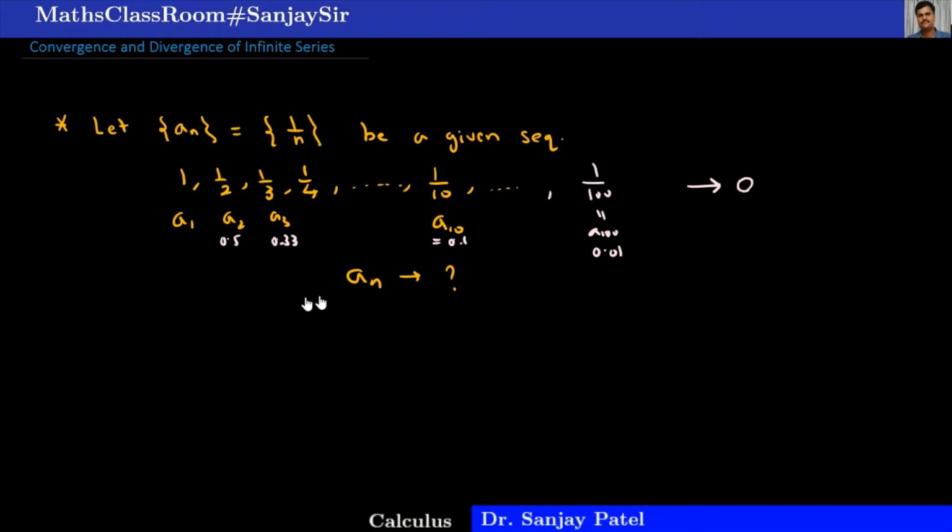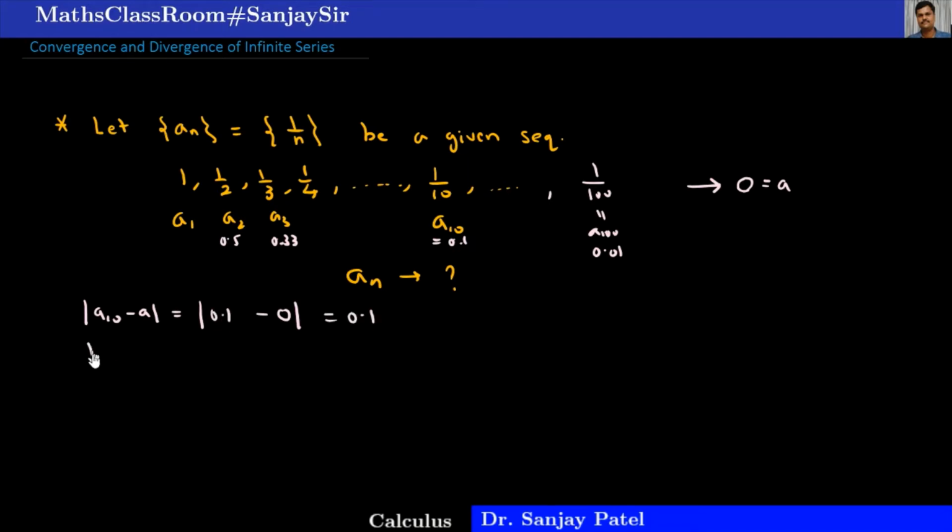Means if you see the 100th term, or say 10th term, the difference between the 10th term and this fixed number 0, let me write this number as a. So the difference between the 10th term and the number a, that is a10 minus 0, is 0.1 minus 0. So the difference is 0.1.